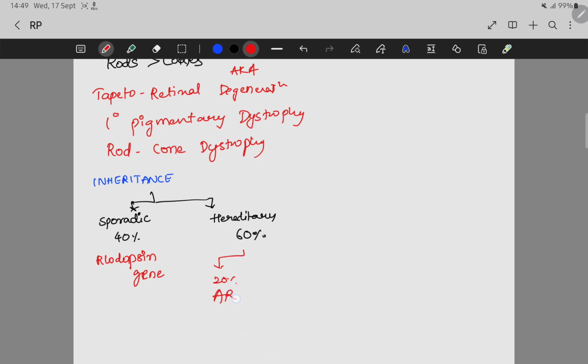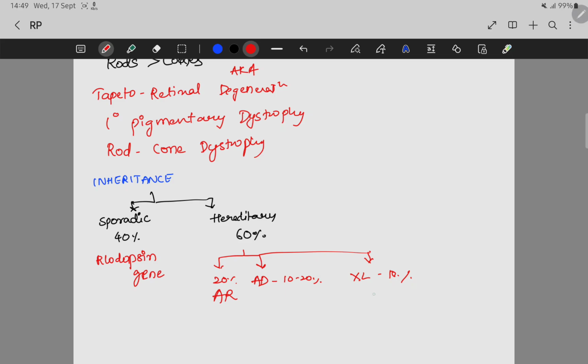20% autosomal recessive. Autosomal dominant is almost 10 to 20%, and we have X-linked, which is 10% to 15%.